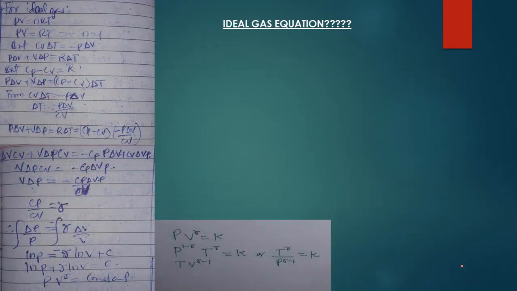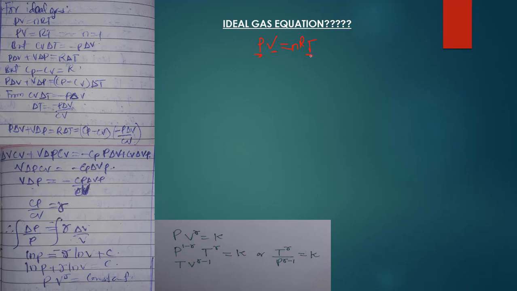So as we have seen, the relation of P and V in different processes is different. So PV is equal to nRT is the basic equation we know, the ideal gas equation. So it applies to all the other three except the adiabatic, because at constant pressure that's fine, at constant volume isochoric that's fine, it can work.